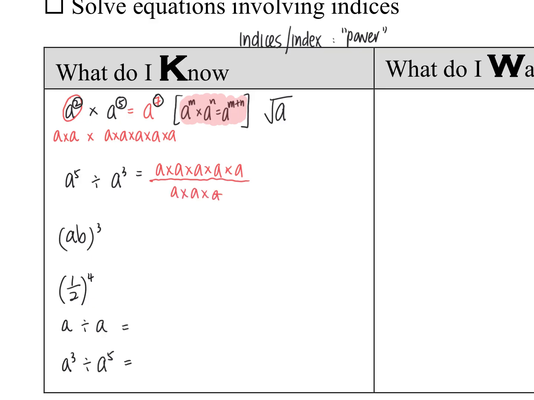Then you realize that they cancel out. So in other words, you are left with a square. And this is showing you that it seems to be like a subtraction. So the second law that we are learning is that when we divide them, we subtract the power. So that's the second law of indices.